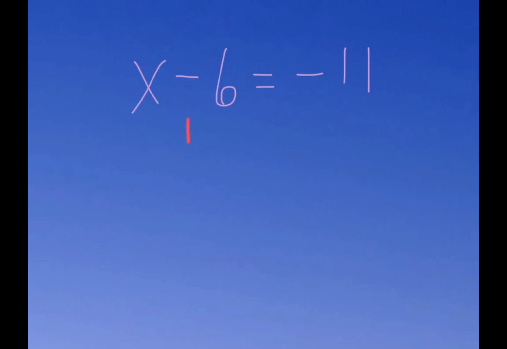So I'm going to add 6 below here, and again we need to keep it equal, so I'm going to do the same thing to the other side. I'll add 6 over here. These two are going to cancel out, and we're left with x equals negative 11 plus 6, which is negative 5.